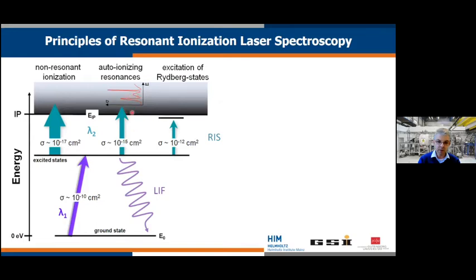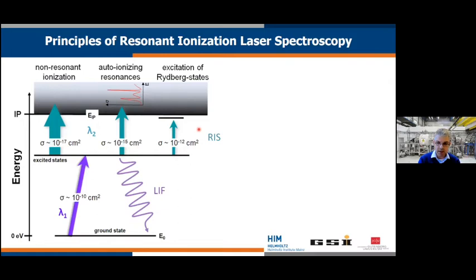If these exist, they can be quite efficient, but you will not have them for all cases. Or, what is very often done, you can excite high-lying Rydberg states. This is again relatively efficient. And then you can have the remaining step either by field ionization, by collisions, or by blackbody radiation. So there are various ways of getting this done.